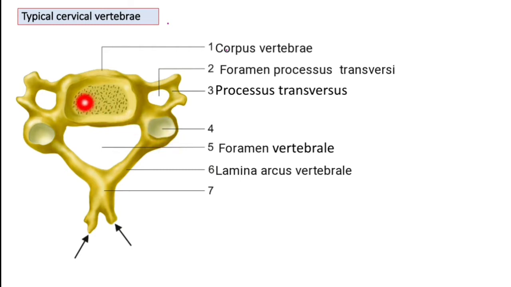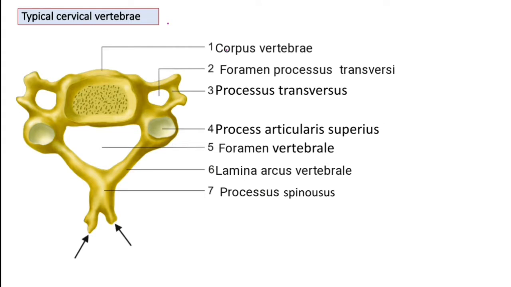So orientation: this one is the anterior side and back is the posterior side. It means this view is the superior view. This articular surface of this process is called processus articularis superior.